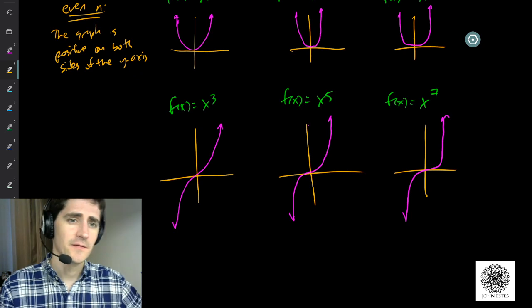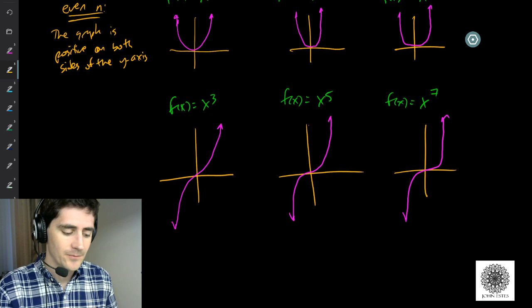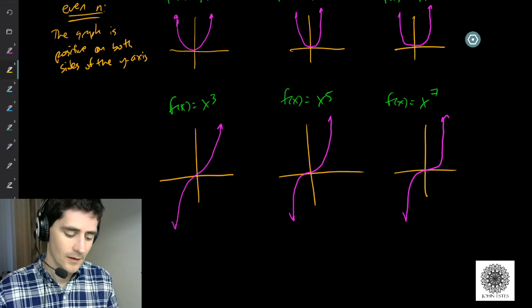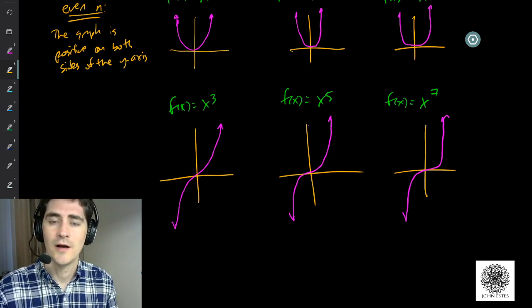So just like we said for even n, the graph is positive on both sides of the y-axis. For the odd powers, we do what? On the left-hand side of the y-axis, we're negative. On the right-hand side of the y-axis, we're positive.